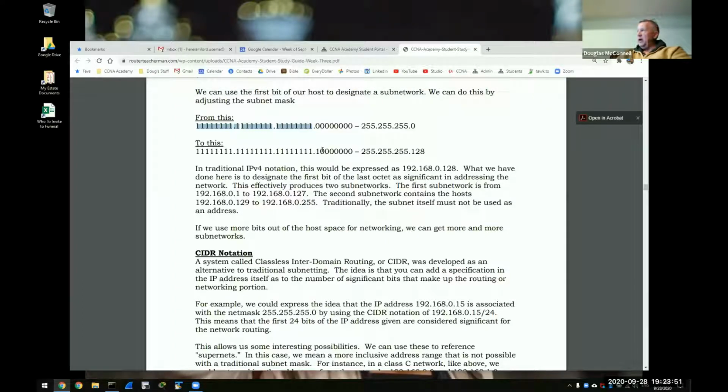When we turn this bit on right here, what would the new CIDR notation become? Slash what? 25. So we went from 24 to 25. So all this is the network bits that are on. That's it.